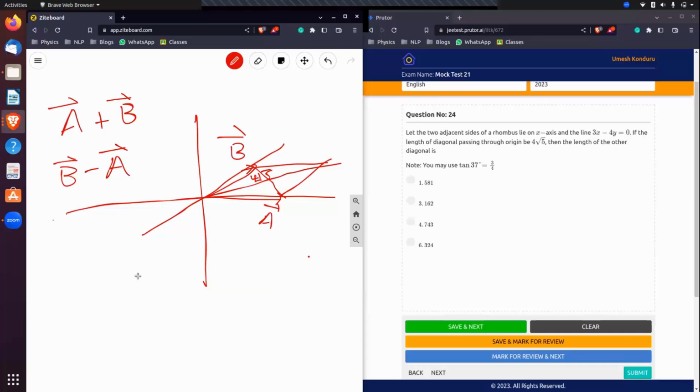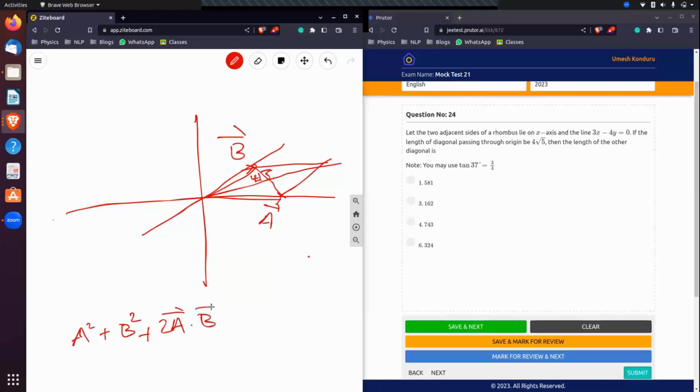Okay, so in order to be able to do this, we'll have to first figure out what the magnitude of A and B has to be. Using the magnitude of the sum of two vectors, you will get this sort of thing: a square plus b square plus 2a dot b equals 4 root 5 whole squared. So that will be 16 times 5, 80.